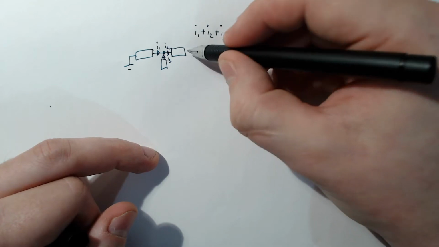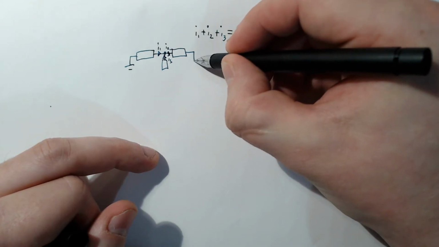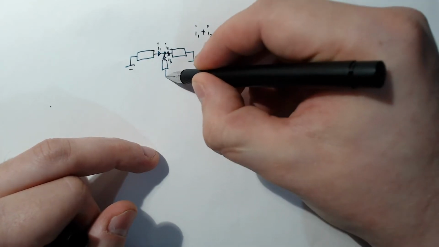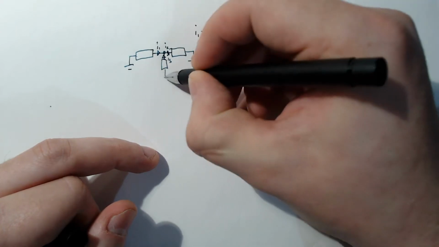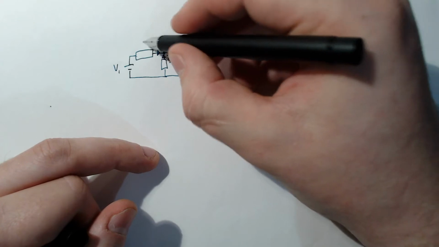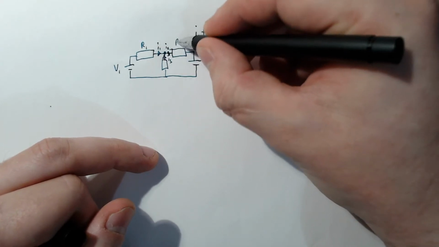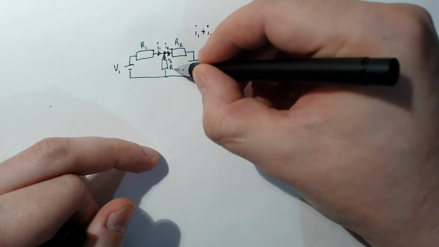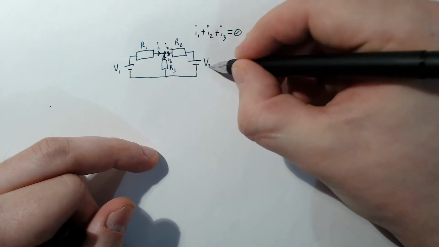And to make this a full circuit, so we can do some analysis on it, let's call this V1, this R1, R2, R3 and V2.